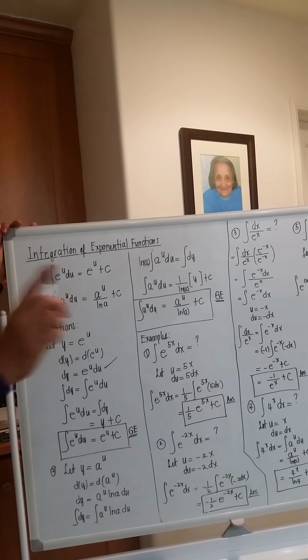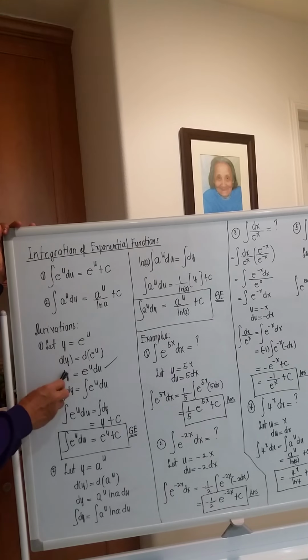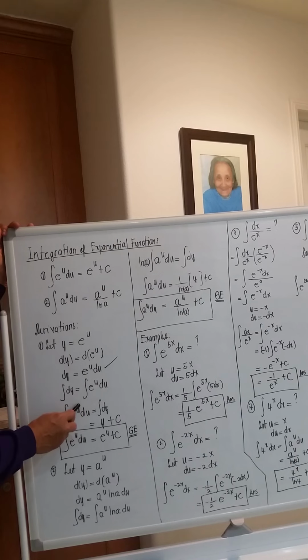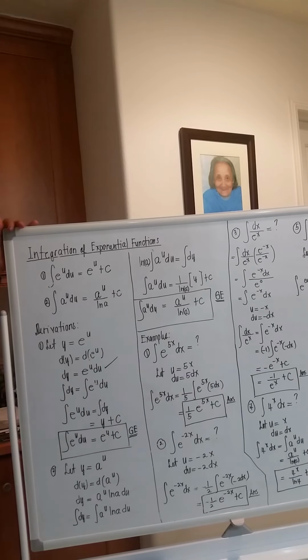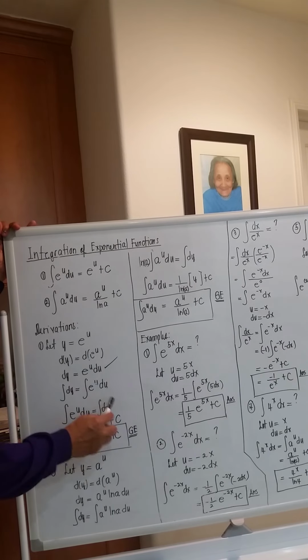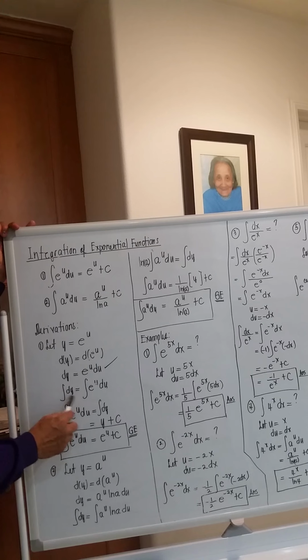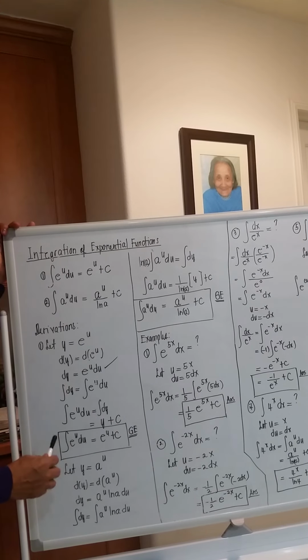Okay? Take the integral of both sides. The integral of the differential of y equals the integral of e to the u du. Then rearrange: put this on the left, put this on the right. The integral of e to the u du equals the integral of dy.